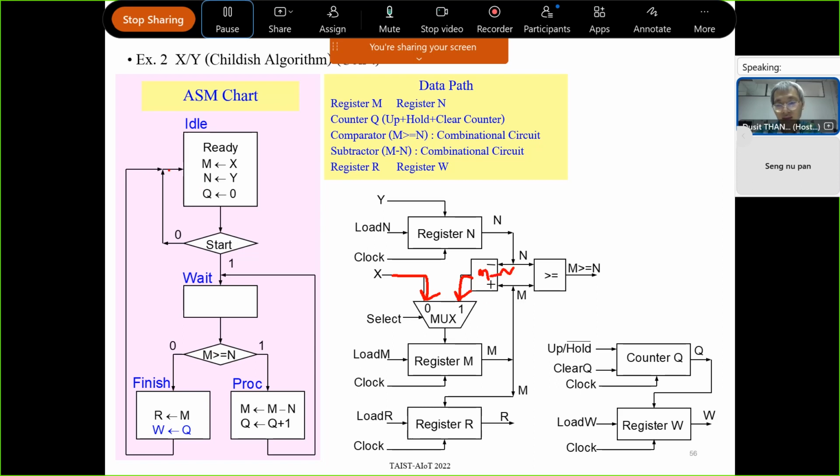At this state, you want to load data from x to register m, so the value of select should be 0. And at this state, you want to load data from m minus n, which means select should be 1.